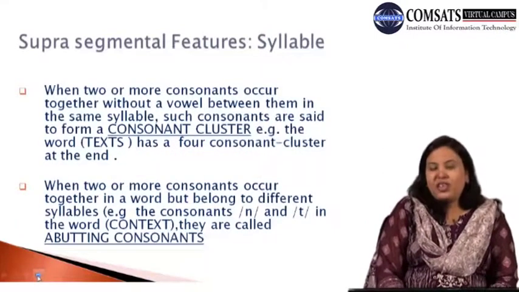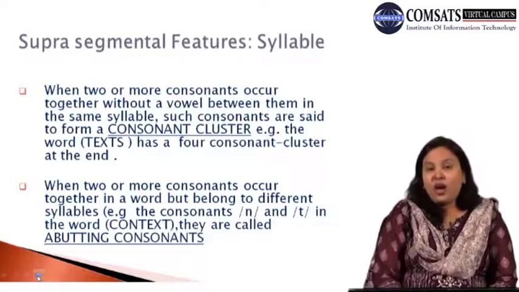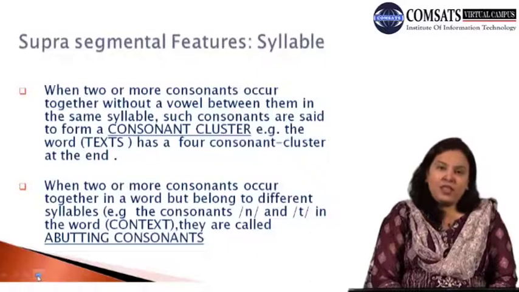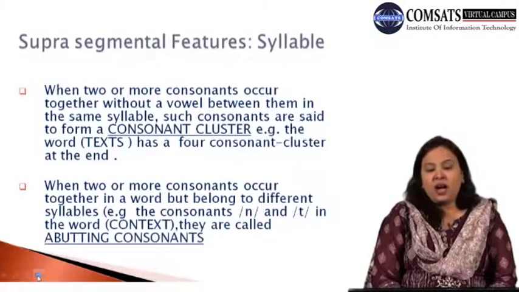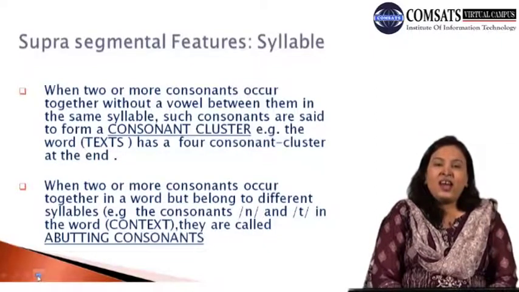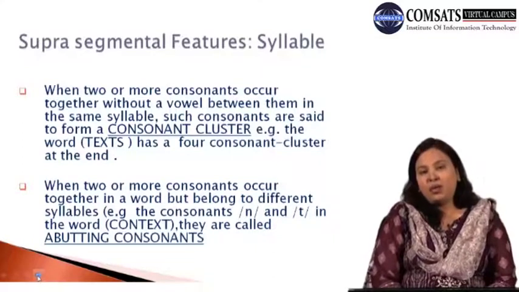Now talking about syllables, when two or more consonants occur together without a vowel between them in the same syllable, such consonants form a consonant cluster, because they are making a combination and they do not have a vowel in between.